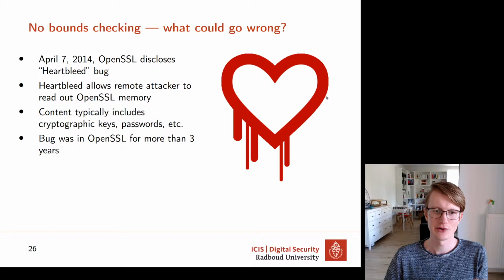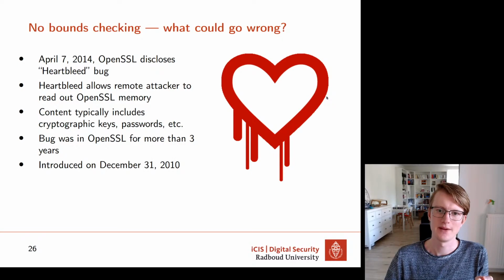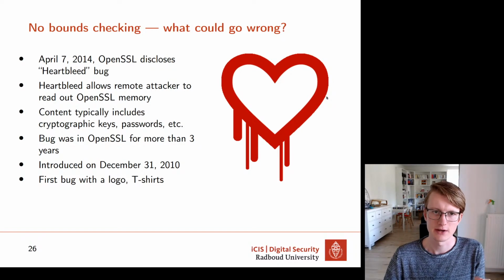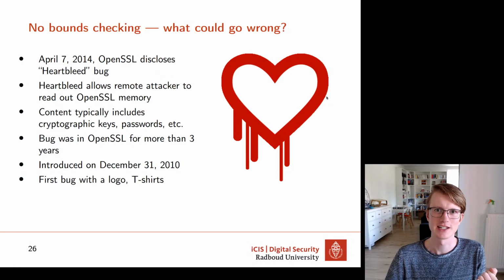It was there for more than 3 years. It was introduced in 2010, but then they found it in 2014, and they made a logo, and they made T-shirts, and Peter Schwabe would be presenting this slide wearing a Heartbleed T-shirt. Fortunately, I don't have one, but yeah, major media coverage.